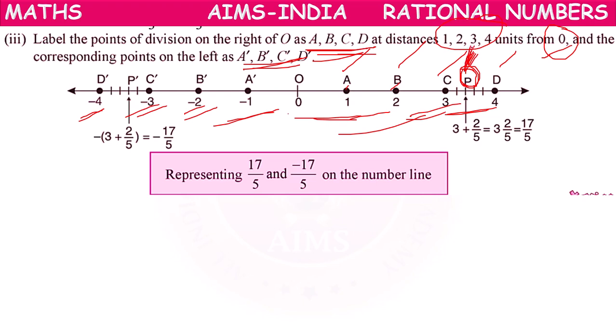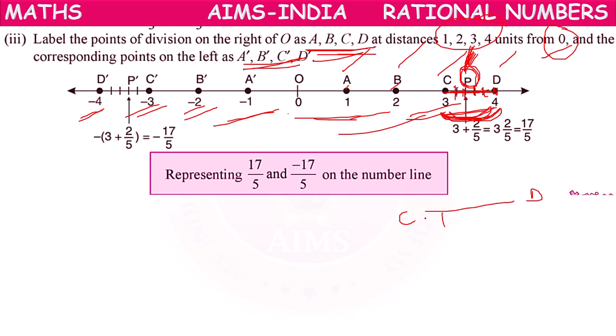How do we check the value of P here? So what is P here? The distance between C and D. This unit distance is divided into 1 part, second part, third part, fourth part, fifth part.